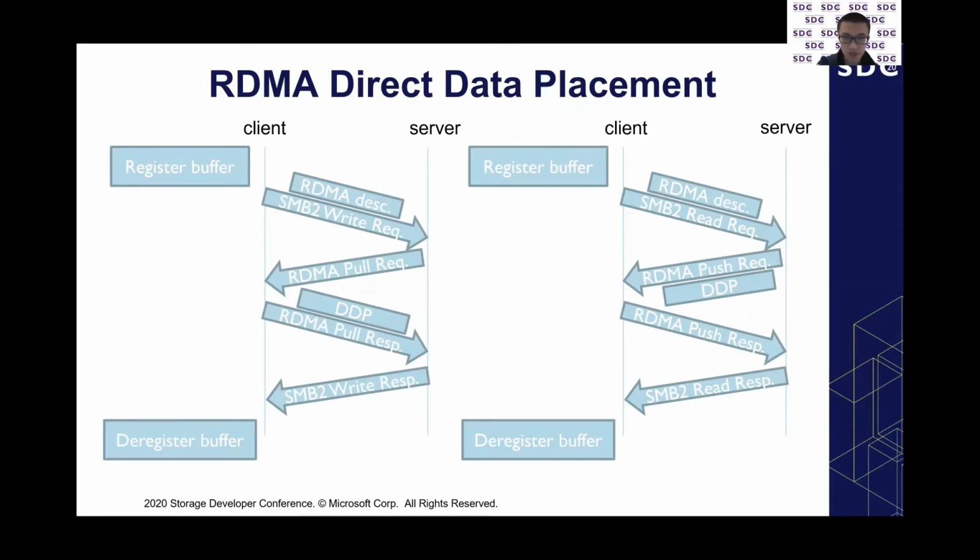And we need to inform the other party of this metadata in order for them to successfully validate or decrypt the message. So for SMB write, the design is just to send that metadata with the SMB2 write request, and then for SMB read, the server needs to send the metadata with the read response.